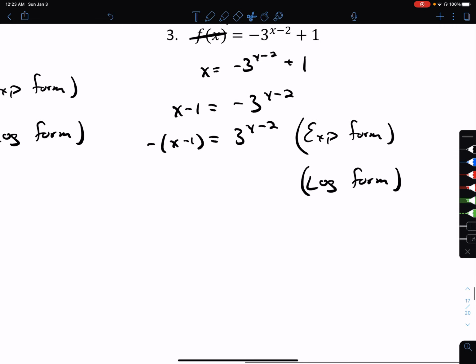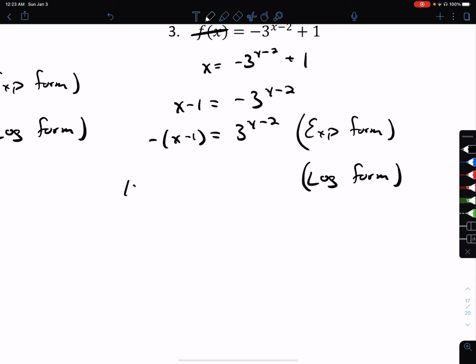That's in exponential form. To get it in log form, it's going to be log base 3 of the argument negative times x minus 1 equals the exponent of y minus 2.